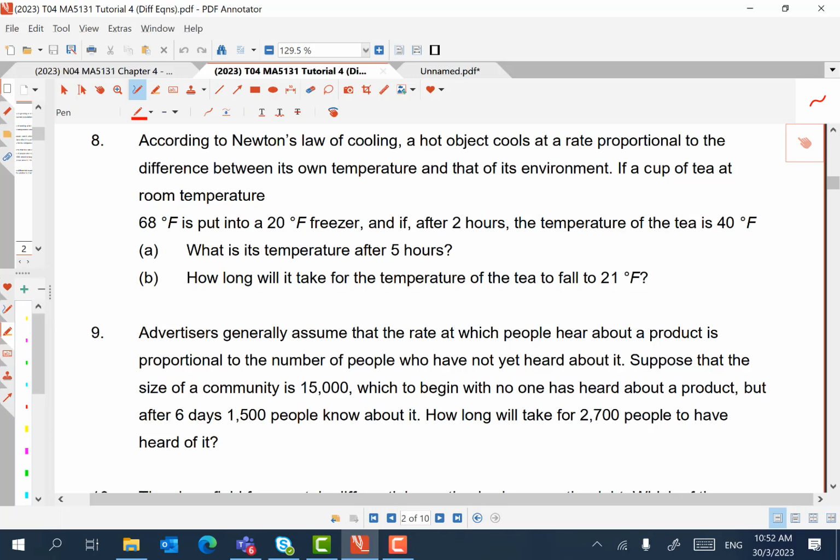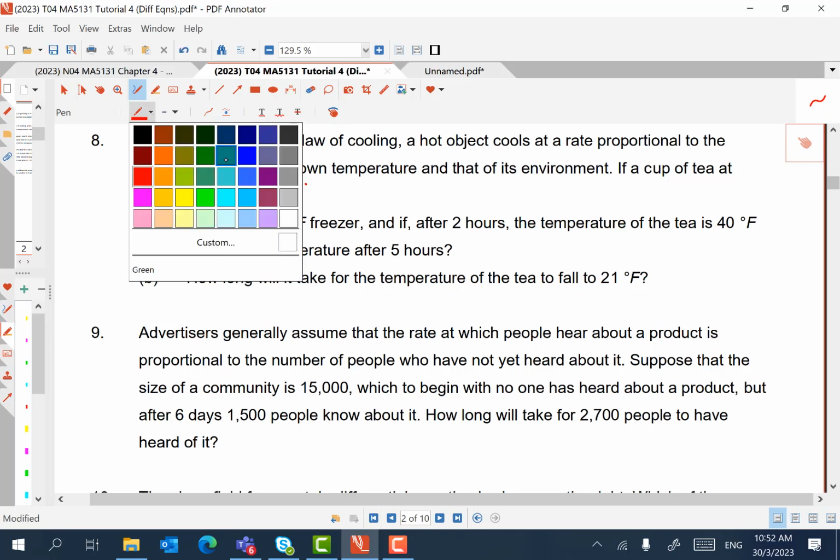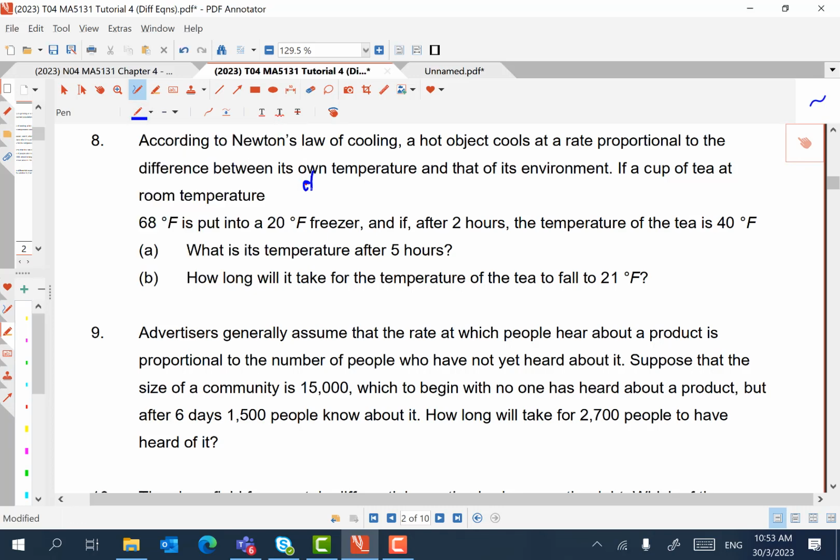Okay, so he says the rate of change of the temperature, usually temperature is theta. In this case, the object is cooling. So they say the difference between the temperature of the object and the room temperature. Typically, we use theta naught as the room temperature, the temperature of the surrounding.